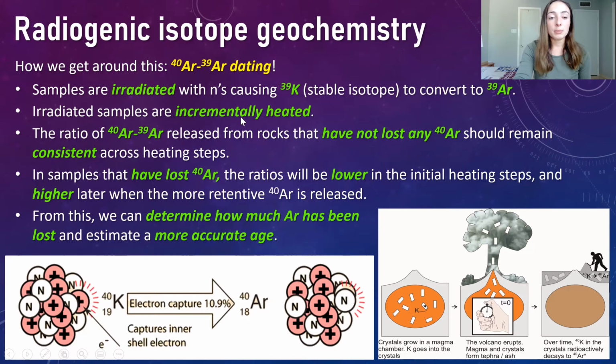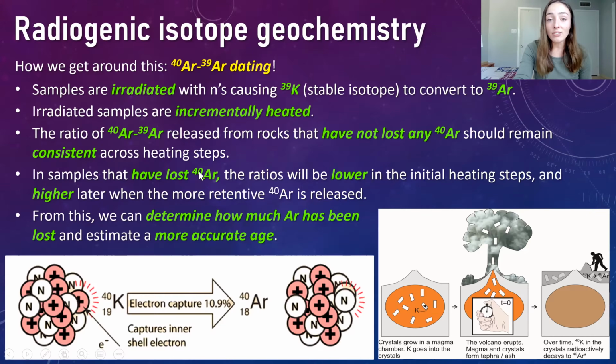And these irradiated samples are then incrementally heated, and the ratio of argon-40 to argon-39 is measured as these isotopes are released from the rocks during heating. And rocks that have not lost any argon-40 due to diffusion out of the rocks, like I just mentioned, should remain consistent in this ratio across all the incremental heating steps.